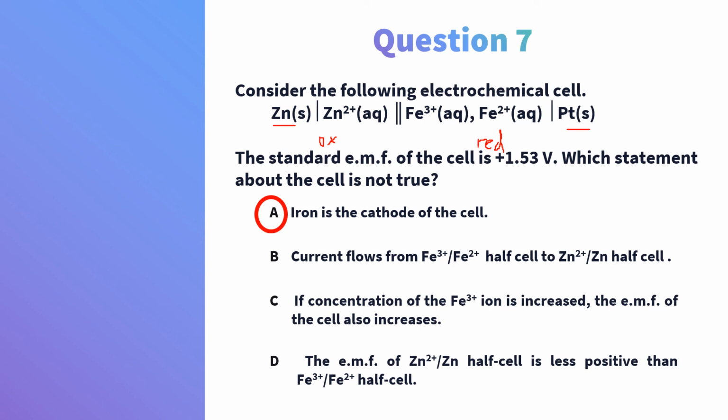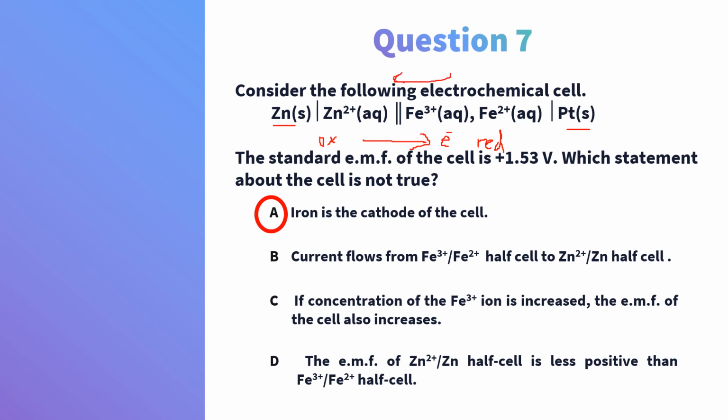Okay, current flows from iron half cell to zinc half cell. So this is correct. Okay, so the oxidation produces the electrons. So electrons flow from the zinc half cell to the iron half cell, from left to right. So the current will be opposite.